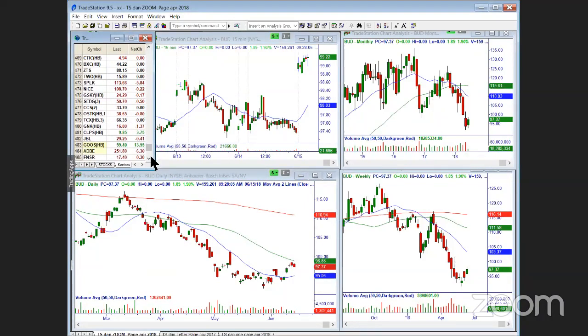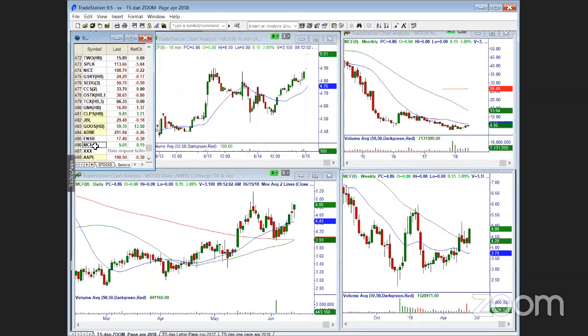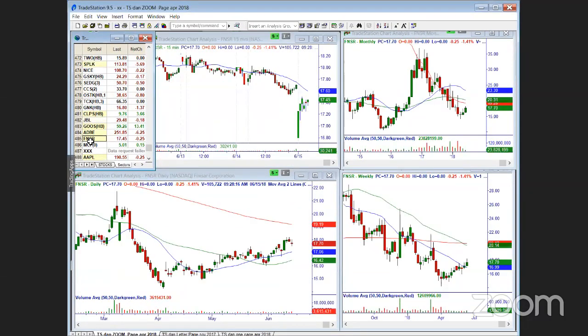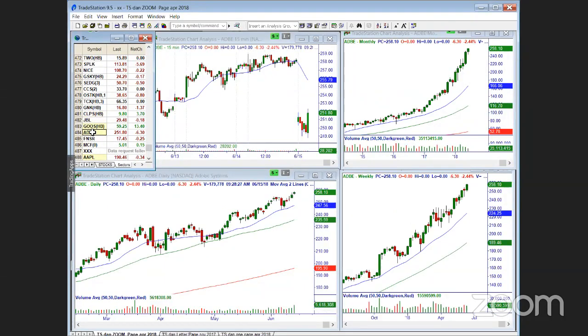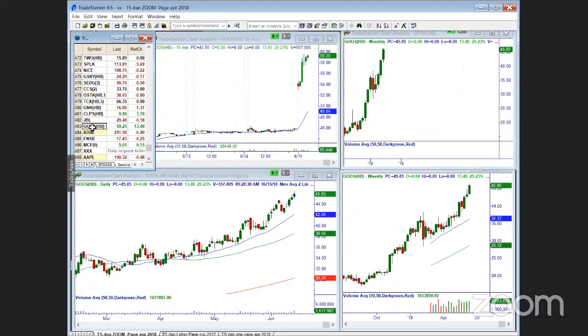All right, I have a few more gappers up here. And then I had a bunch that we're watching from yesterday that I put in here. MCF, relative strength, just breaking out. We'll watch it. Fincer had earnings. It had a gap down and is recovering, but no great pattern, but we'll come back in 30 minutes. Adobe gap down. The old goose. Is this the Grey Goose liquor company? 59.